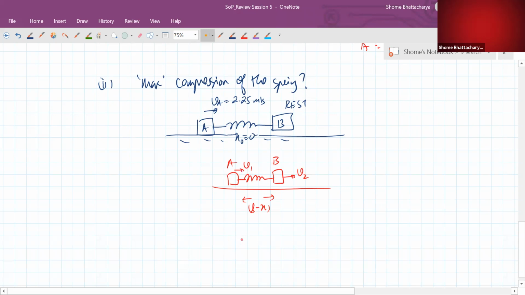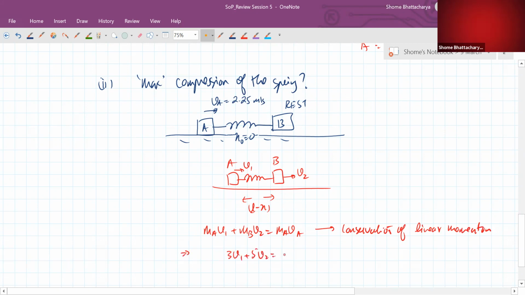Okay. So momentum conservation. So this will give us our first equation. Okay.